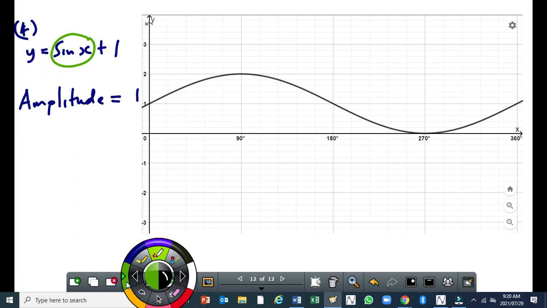Now, this question I gave you as an extra question just to make you think as well, right? Because of this plus 1 here, it means we have got vertical shift. That represents vertical shift by 1 unit upwards, which means the basic graph of sin x was moved by 1 unit upwards.